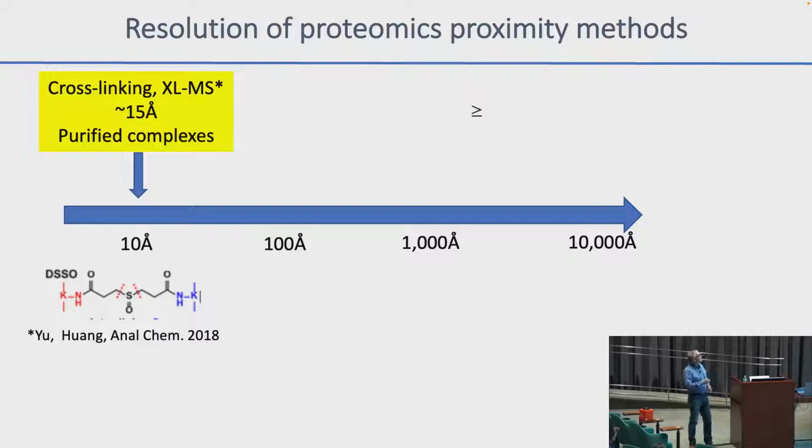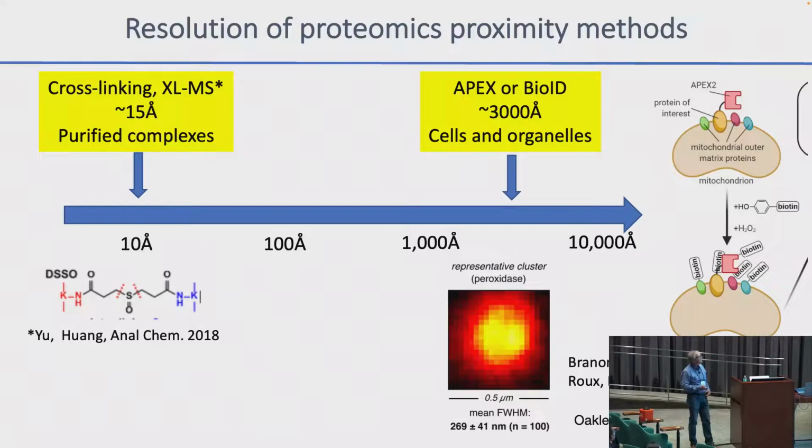But the complexity of the mass spec from these reactions is such that you can really only use it, and it has been used really effectively, on purified protein complexes, because you get half reactions. There are amines everywhere on the cell surface. You can imagine that it's a really complicated spectrum to try to deconvolute doing that on cells. So it's pretty much limited to purified protein complexes.